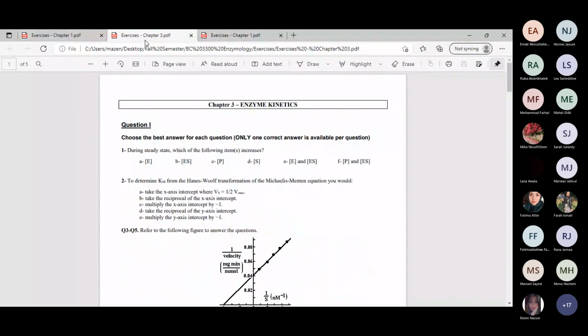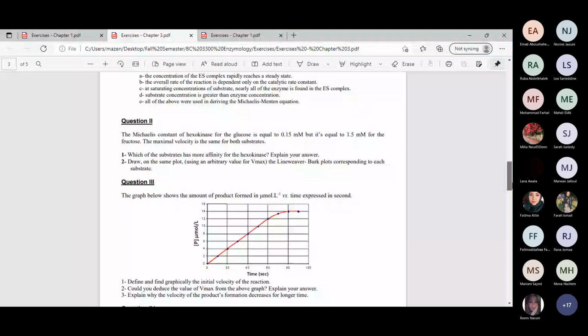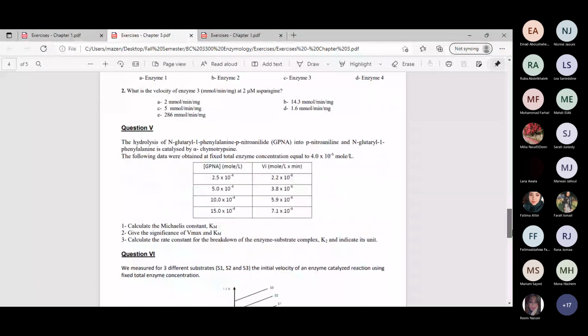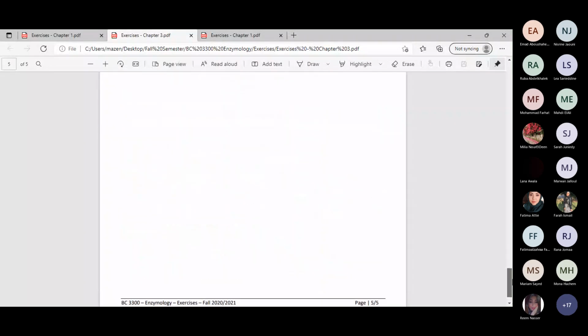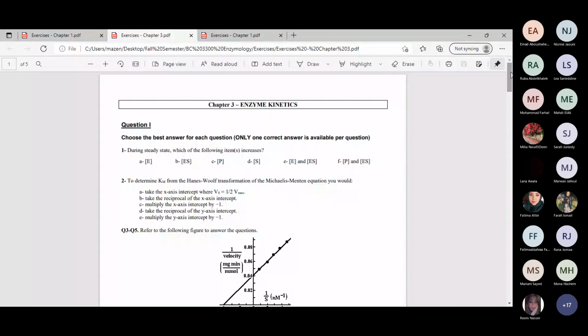And for chapter 3, you have also different exercises regarding Michaelis-Menten equation, the initial velocity, and how to draw V as function of S or 1 over V function 1 over S, etc. So you have a series of exercises for chapter 1 and chapter 3.